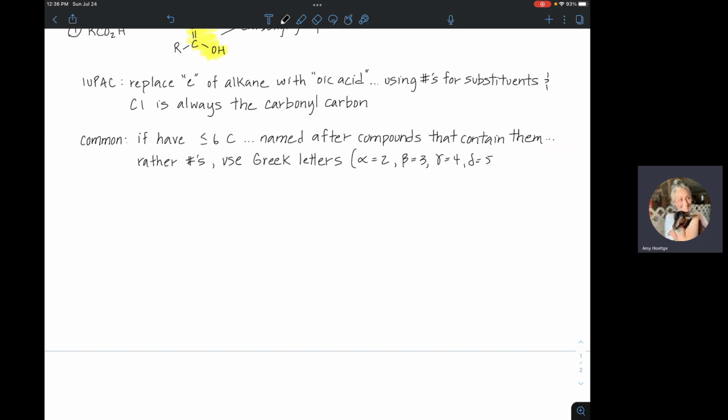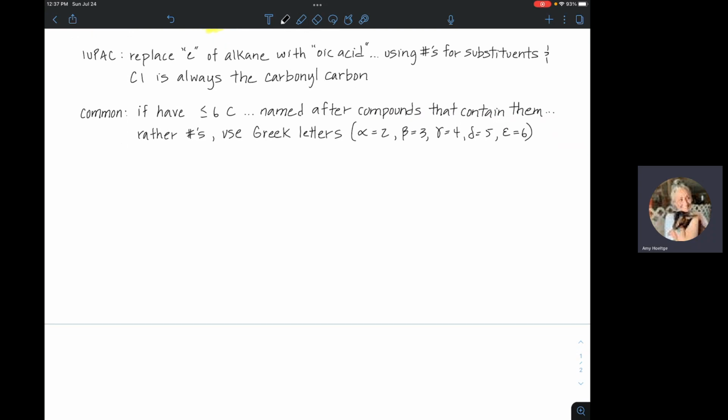Delta is 5. And epsilon is 6. So if you're dealing with a carboxylic acid with less than or equal to 6 carbons, and you have a substituent on one of those carbons, you're going to use a little Greek letter to denote its position instead of a number. So let me give you some examples.